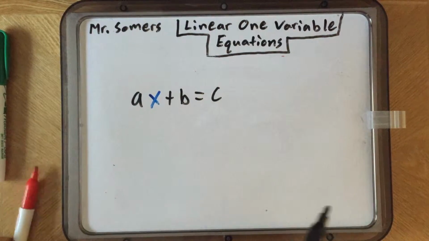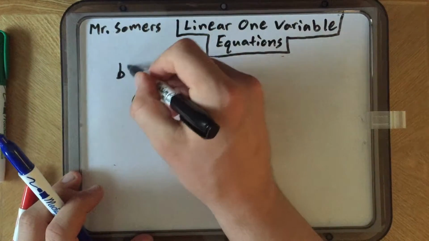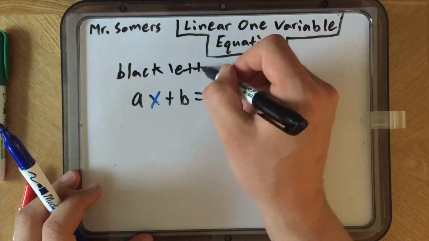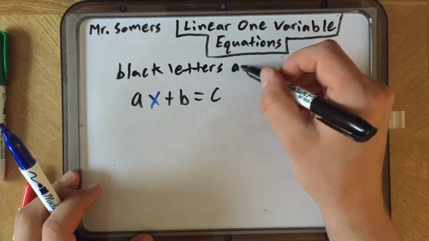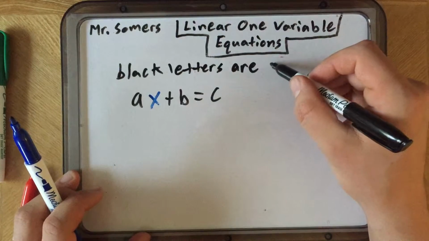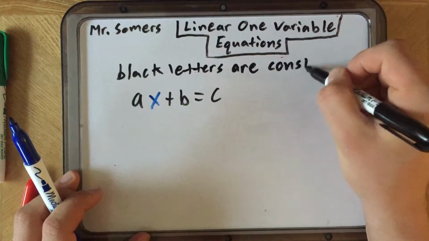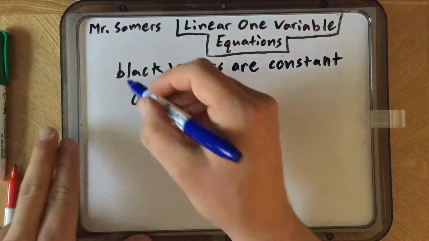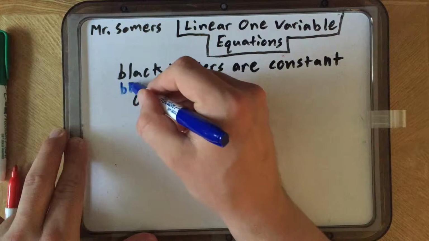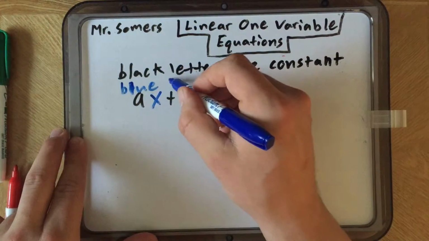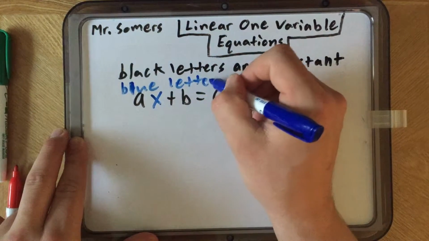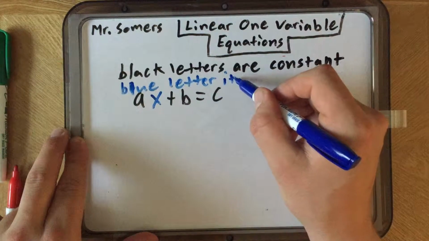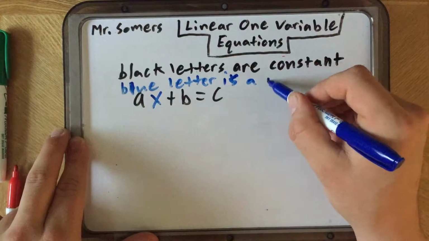The black letters are constants. They do not change. The blue letter, which in this example is x, is a variable.